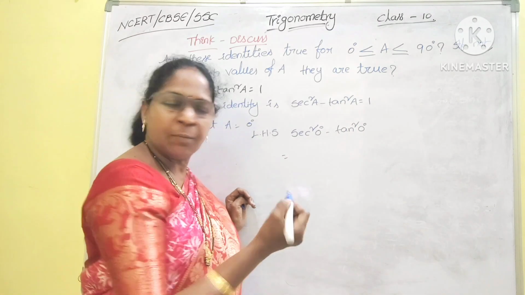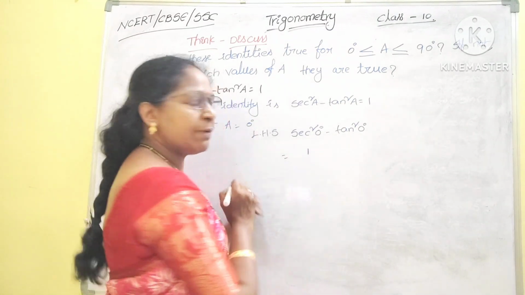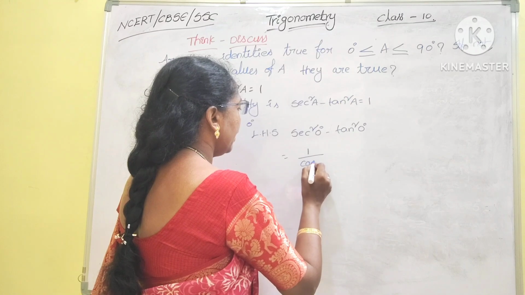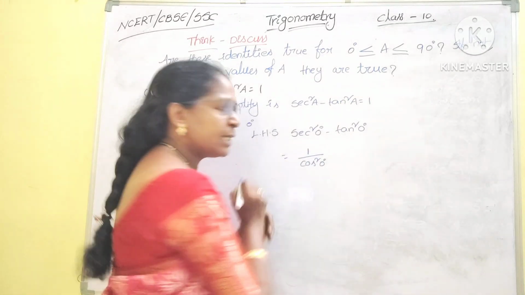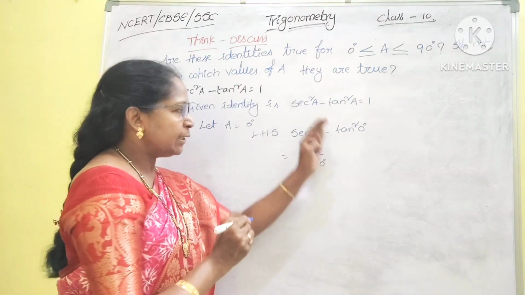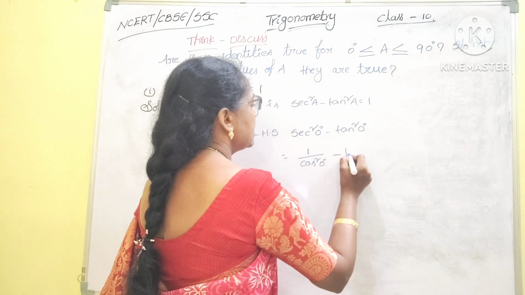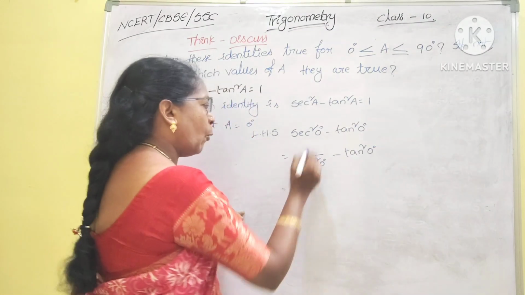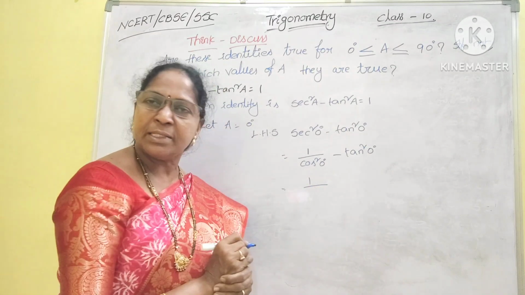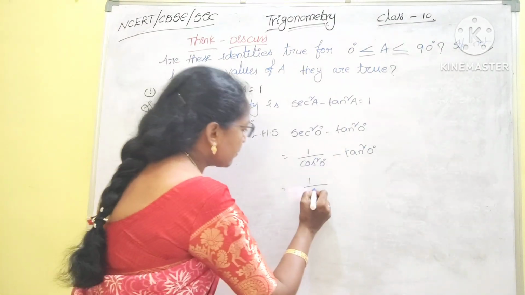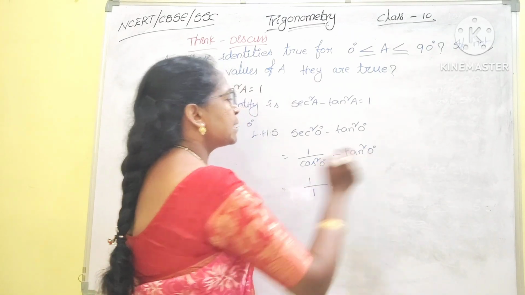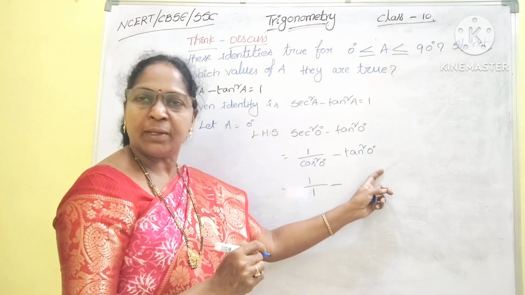Like that, minus tan square 0 degrees. That means tan 0 equal to 0.